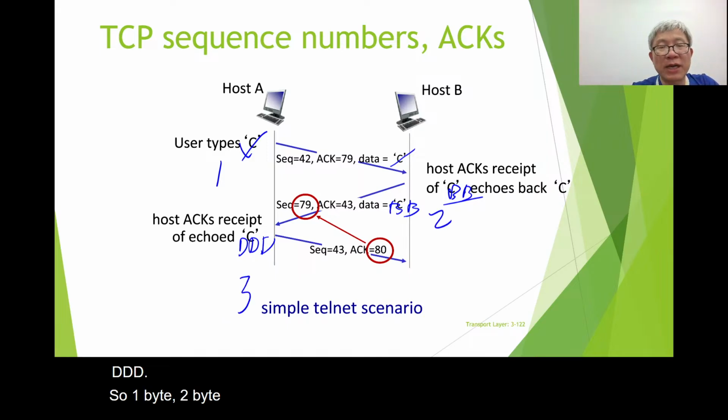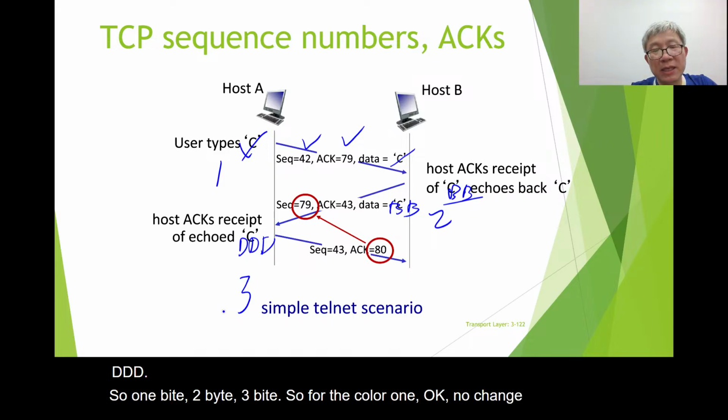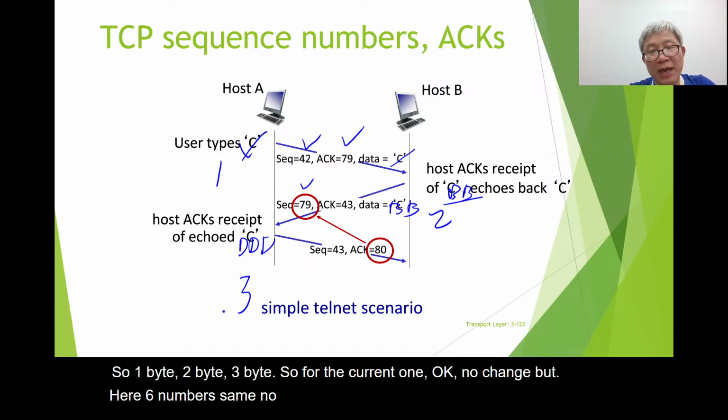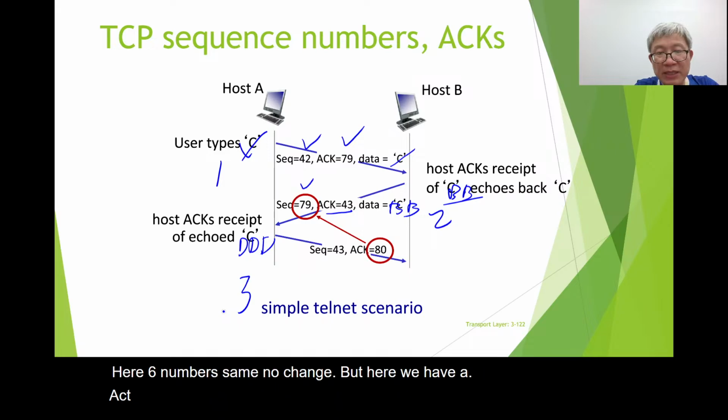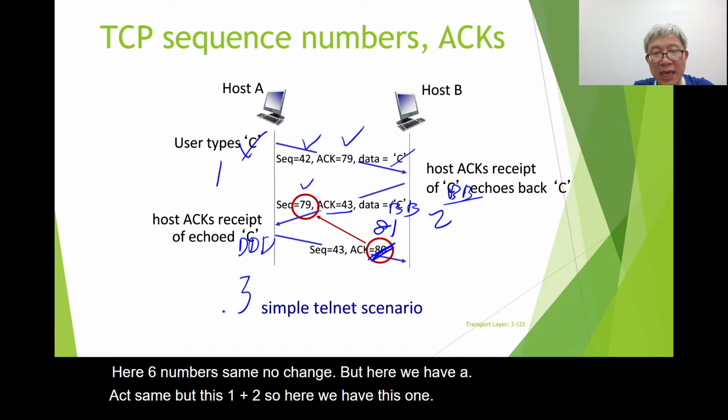So for the current one, no change. But here, sequence number same, no change. But here we have X the same, but this one plus 2. So here we have 81 and the same sequence number.